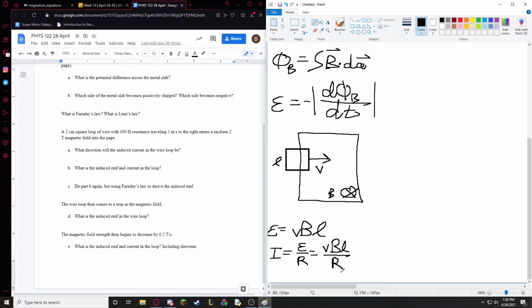So now, how do we find the direction of the current? Is it clockwise or counterclockwise? It's counterclockwise. And how do you get that? Right hand rule. Talk me through your process. Fingers pointing to the right, your middle finger into the page, and your thumb is pointing up.